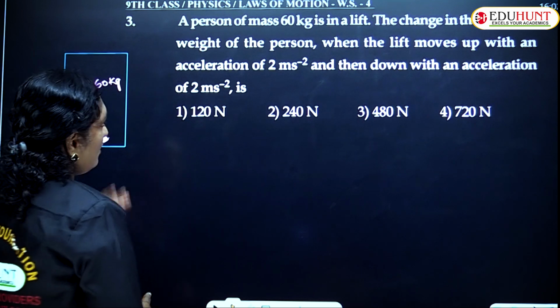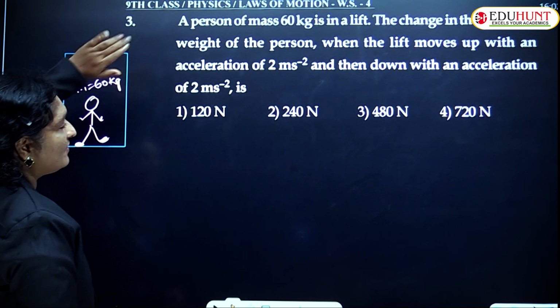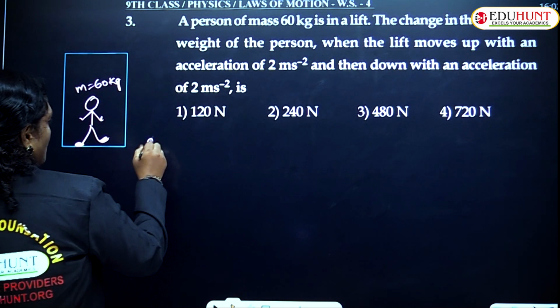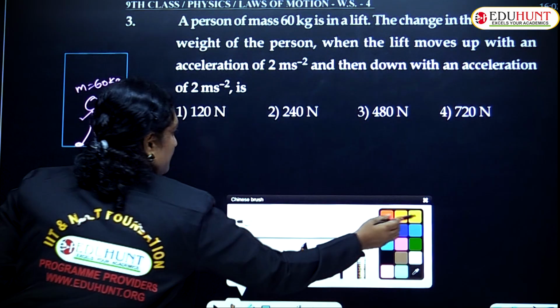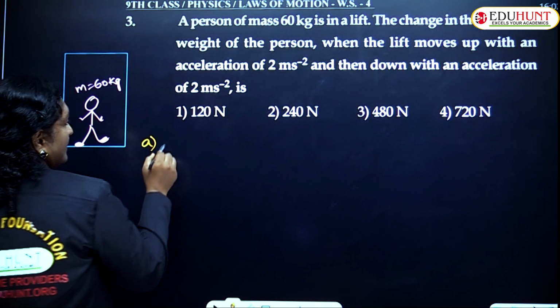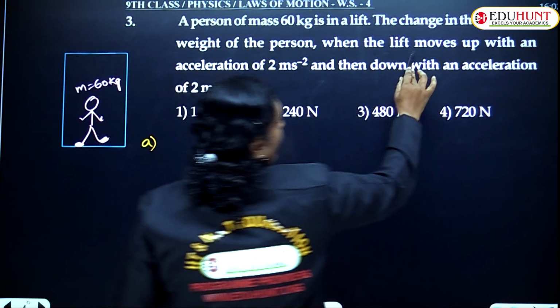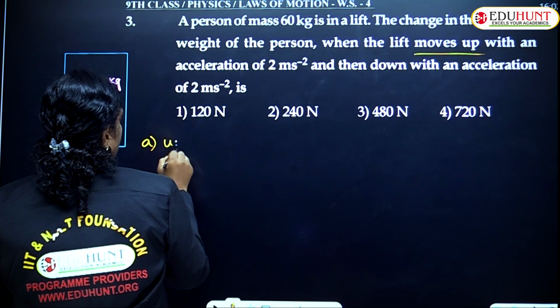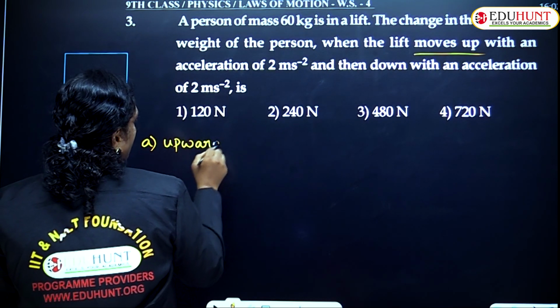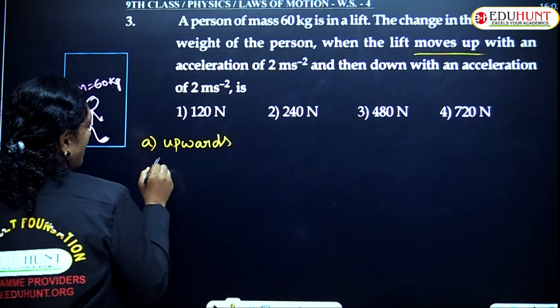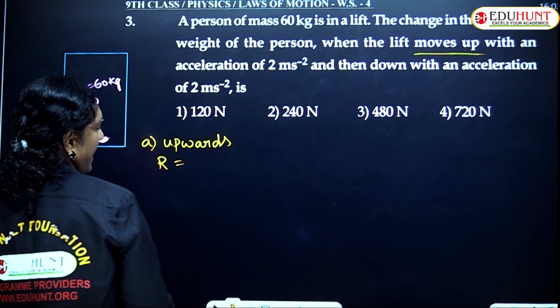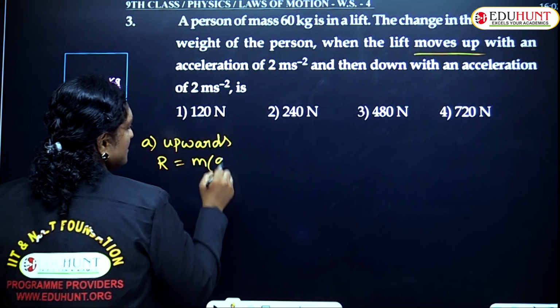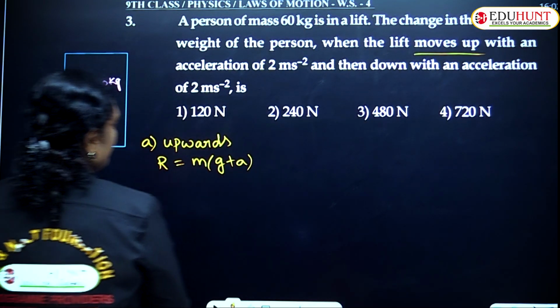So first of all, suppose that the lift is moving upwards, case 1. During an upward motion, we found the value of R as m into g plus a.